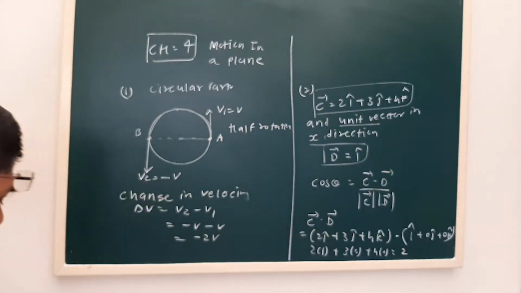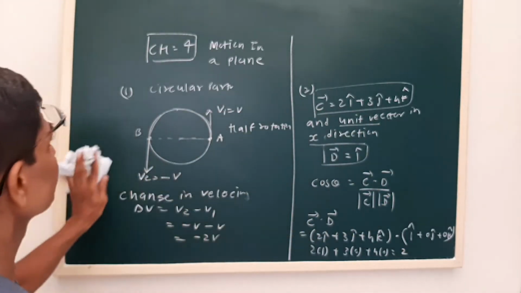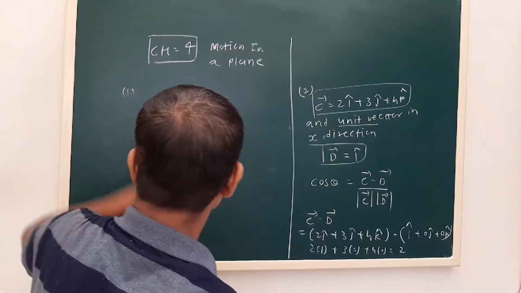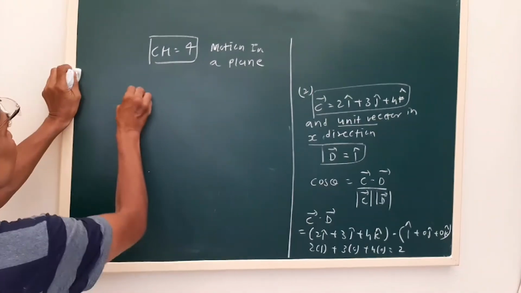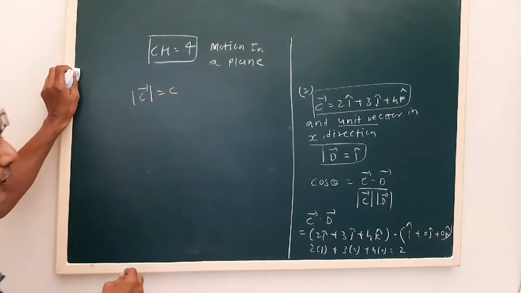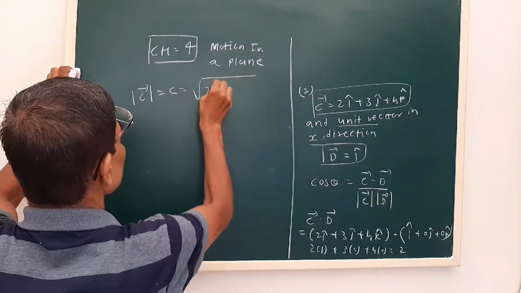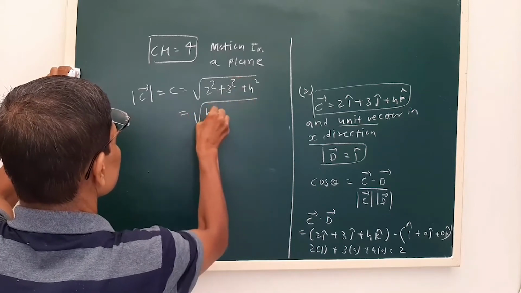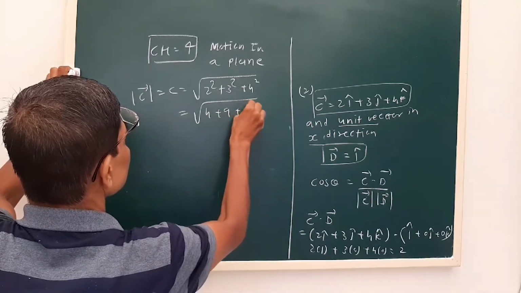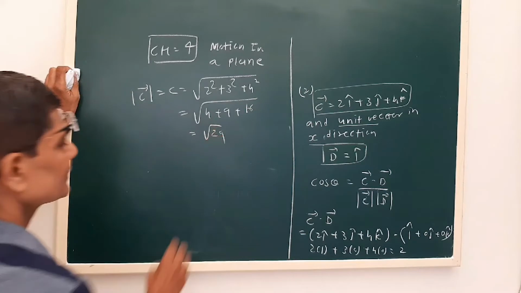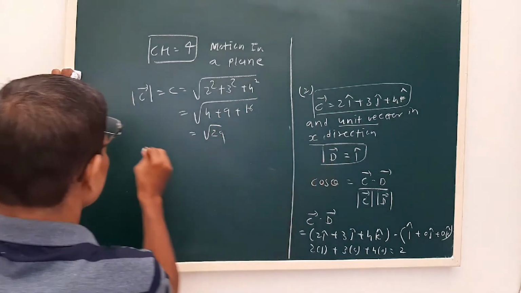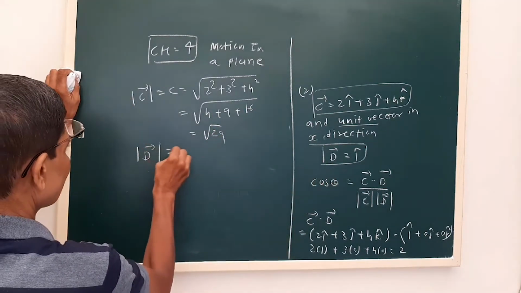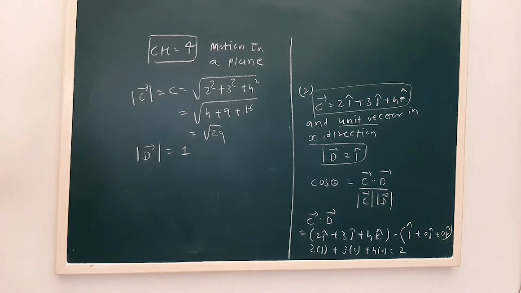Now the magnitude of the vector C is root of 2 square plus 3 square plus 4 square, and the magnitude of D, it is a unit vector, so the magnitude is always 1.